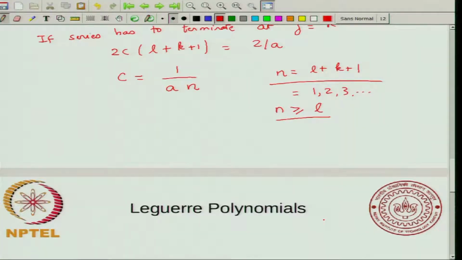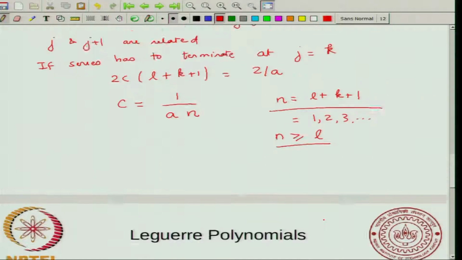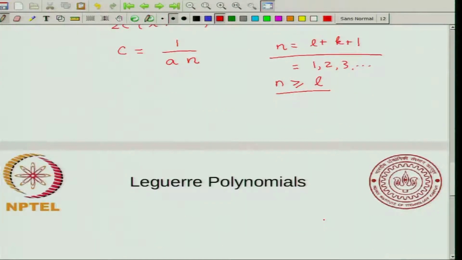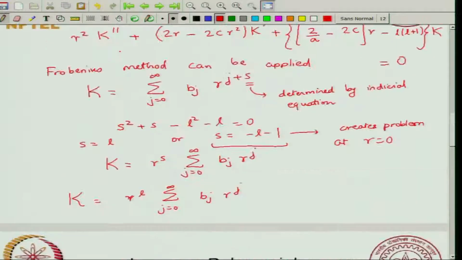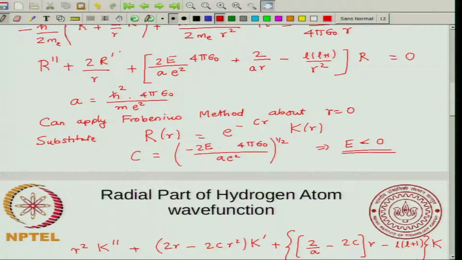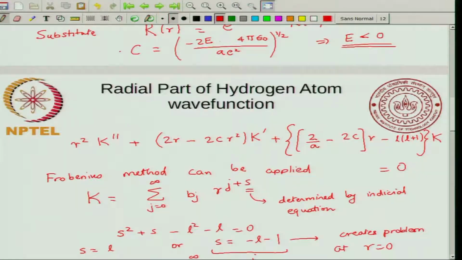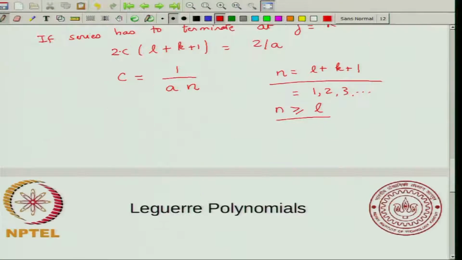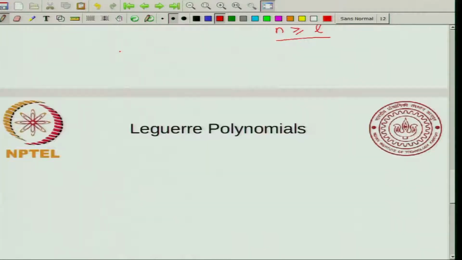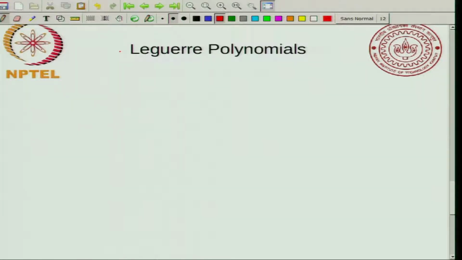Now you can go further, because c is related to your energy. So if you substitute the expression for c in terms of E, that is this expression that we had here, c goes as energy raised to half, so energy goes as c square, and with some constants you multiply all those constants out, and you will get the expression for energy of a hydrogen atom.